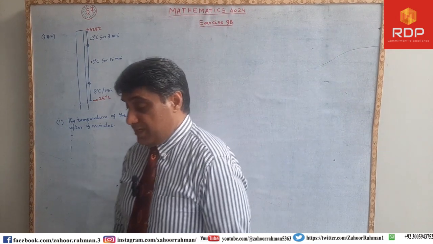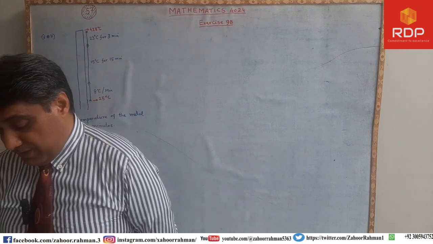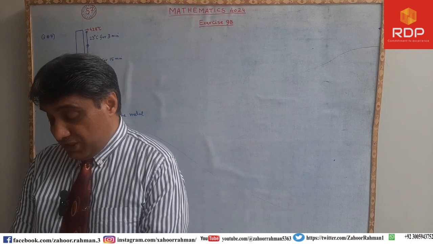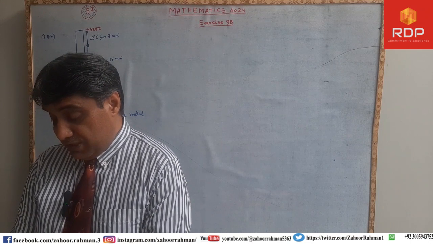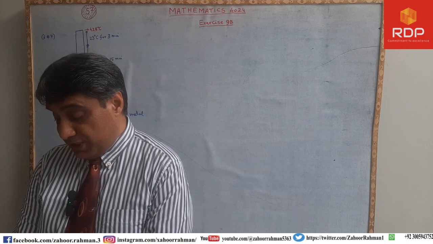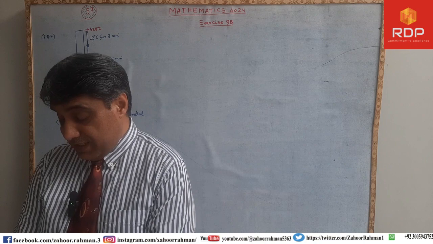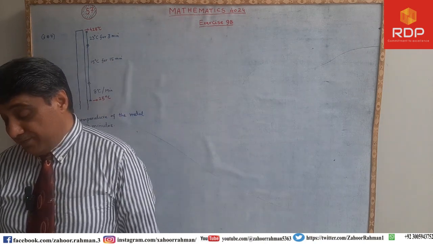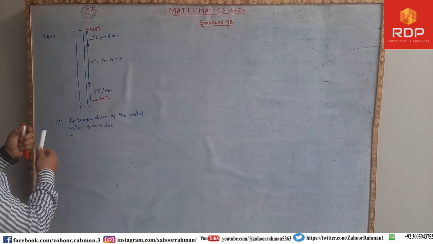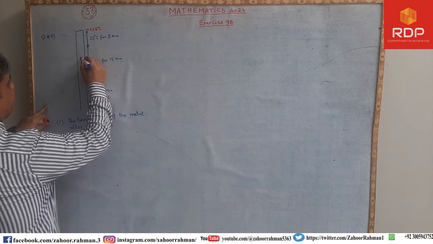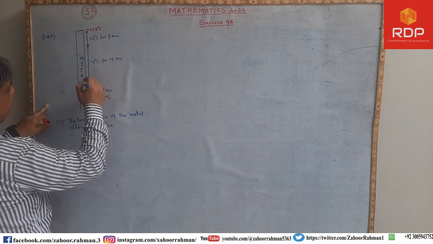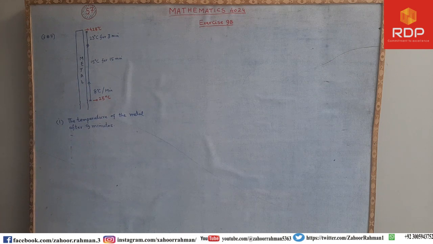Let us understand question number 7, which is on page number 217. The question says a piece of metal is heated to 428 degrees Celsius before it is left to cool. Let us portray that this is the piece of metal the question is talking about.